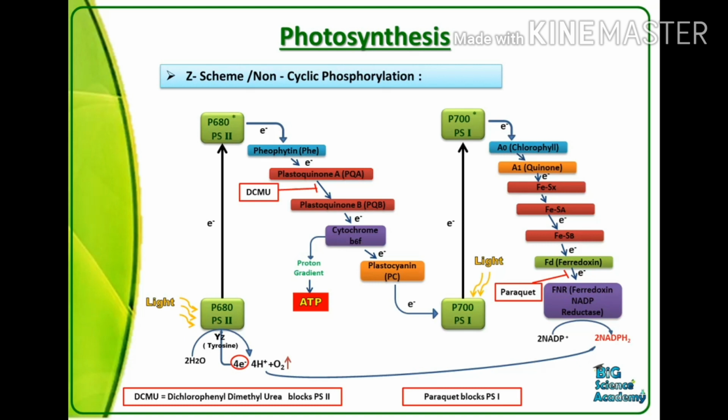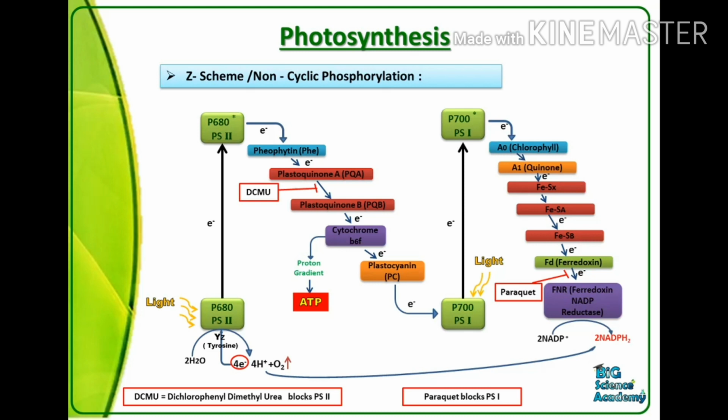DCMU inhibits the electron transfer between the two plastoquinones, and it halts the total non-cyclic phosphorylation process. DCMU blocks the photosystem 2 process or the photosystem 2's electron carry. The full form of DCMU is dichlorophenyl dimethylurea.